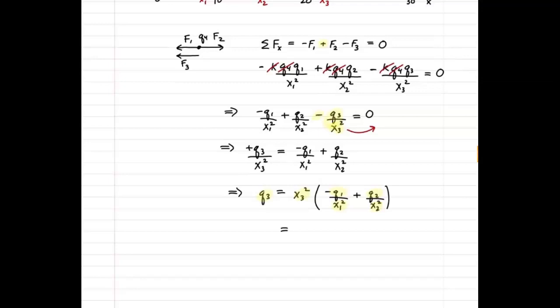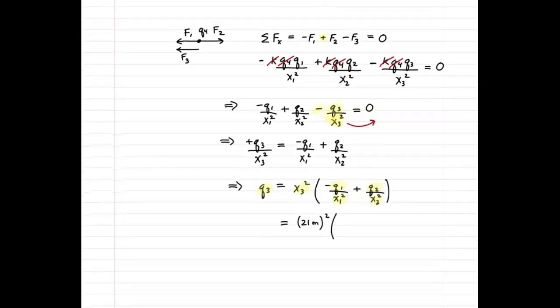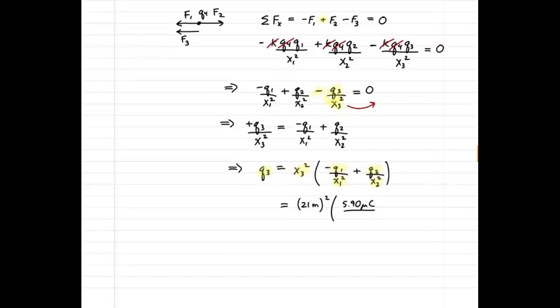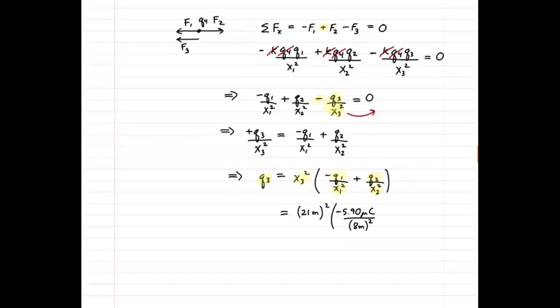X3 is 21 meters squared over Q1, which we recall is 5.90 microcoulombs, over X1 squared, which is 8 meters. And this is a minus sign.